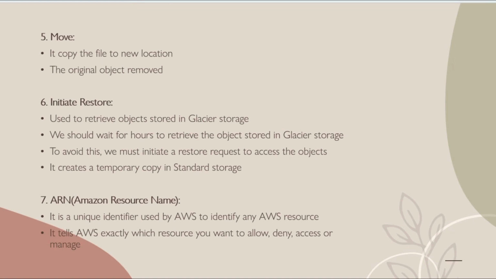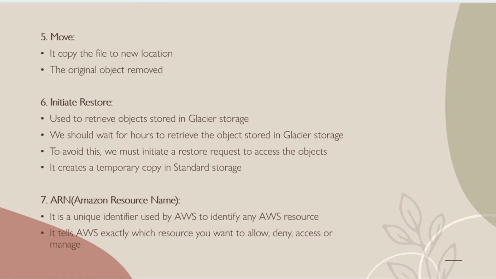We already know that if I want to frequently access the data, or retrieve the data quickly, then I will store the data in S3 standard storage class, whose retrieval time is very low compared to the other storage classes. So if the object is stored in that storage class, I can use or download the file very quickly. And the original file also remains in the Glacier storage class.